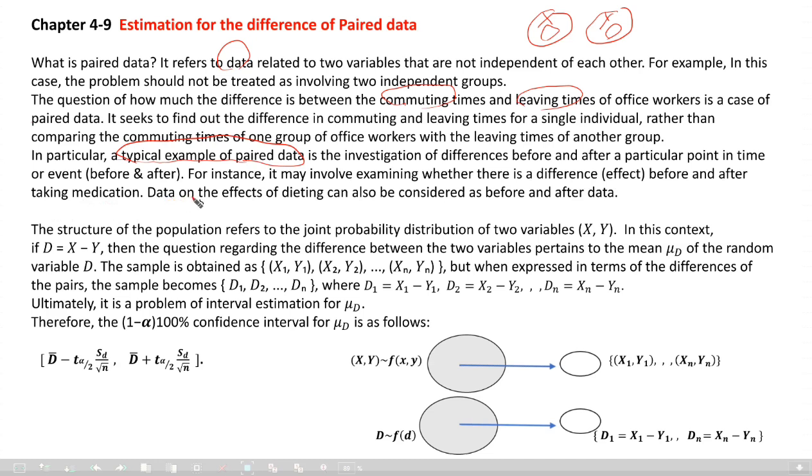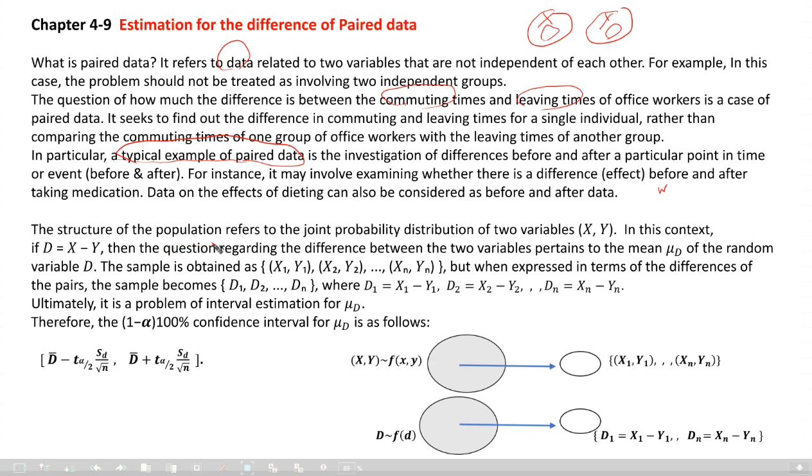Data on diet effects can also be considered before and after data, right? If we consider weight, then it is the weight before the diet program and after the diet program. What is the difference for one person? We do not compare two different independent groups, right?